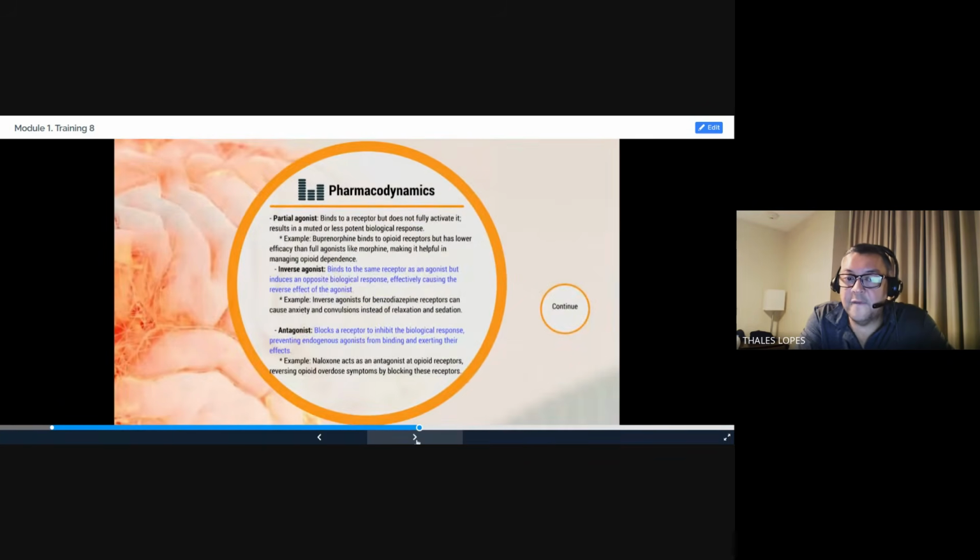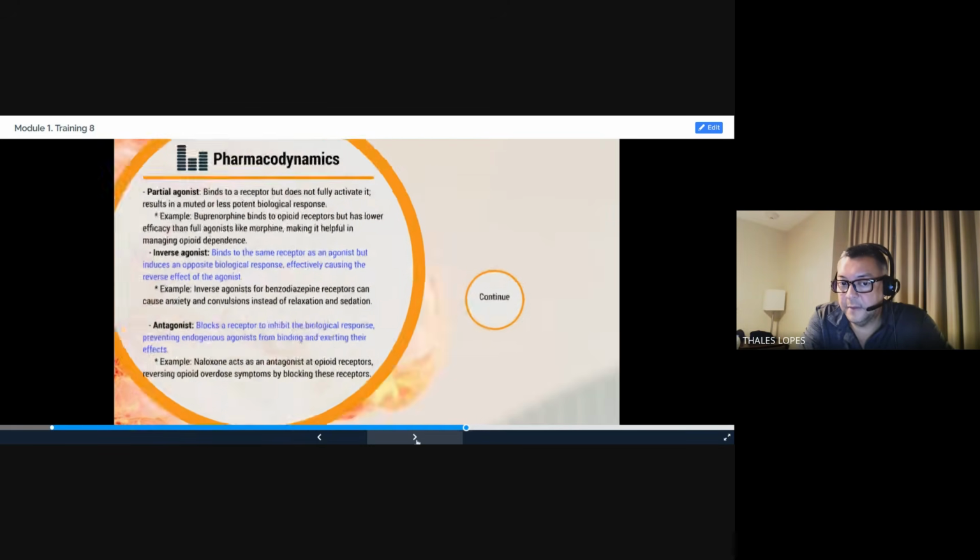Then you have inverse agonist, which binds to the receptor as an agonist, but induces a biological response opposite of the agonist. And the antagonist binds to the receptors, preventing an endogenous agonist from binding or exerting its effects.